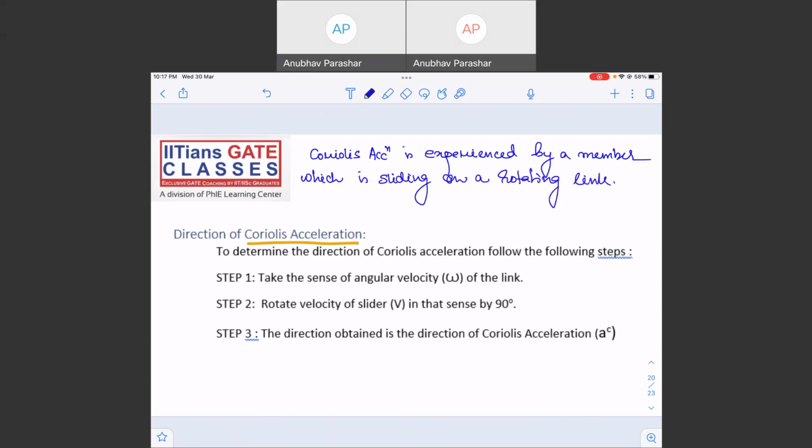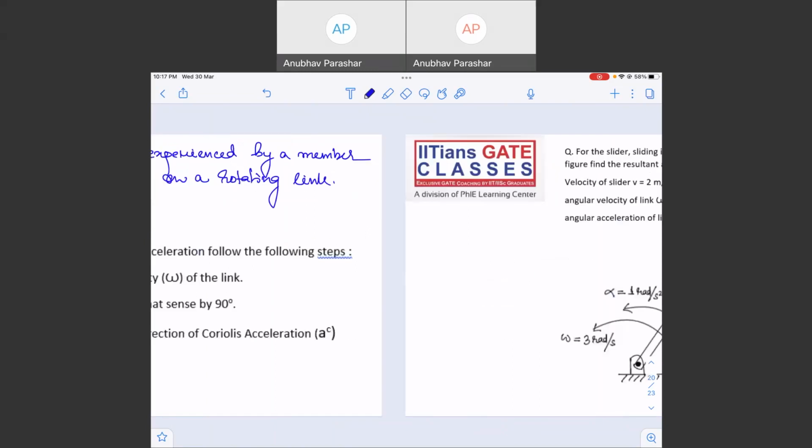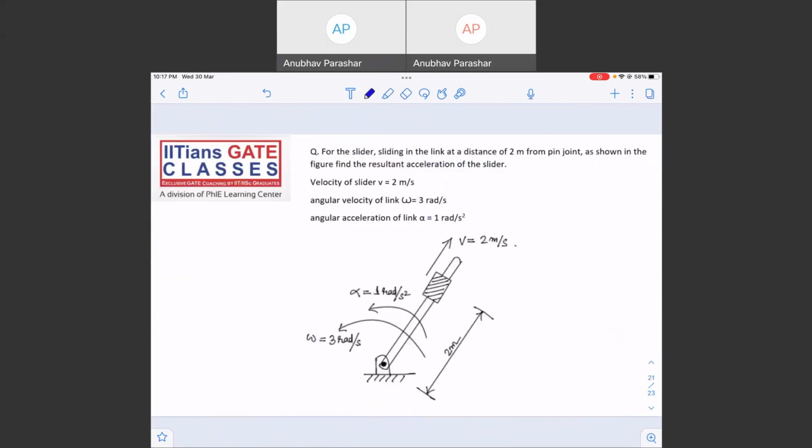For example, we have taken an example here.